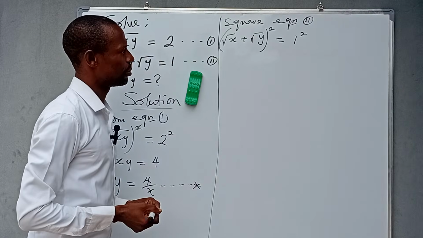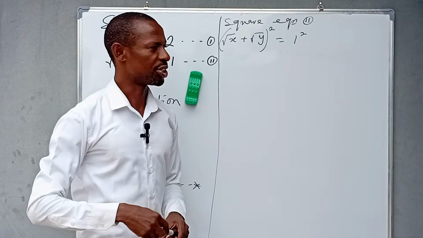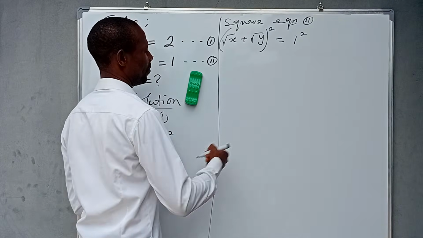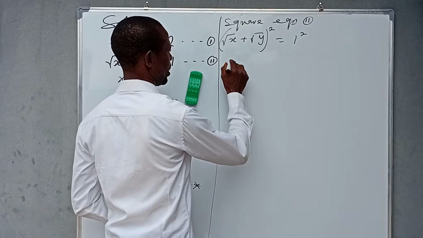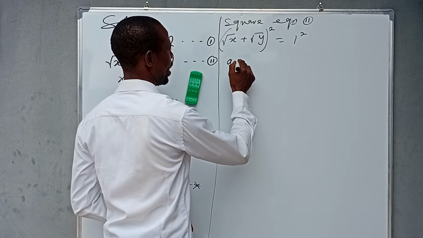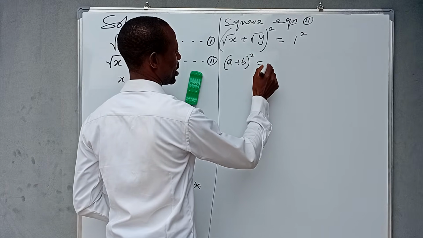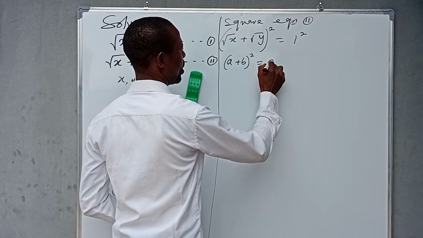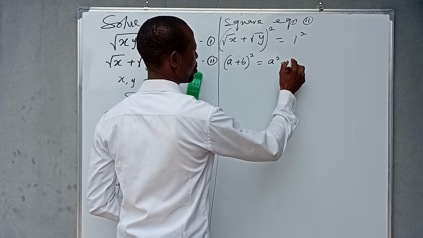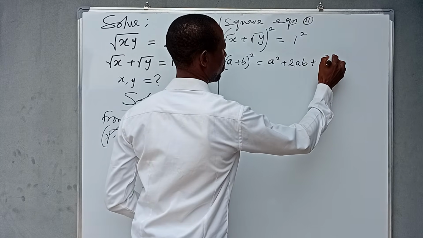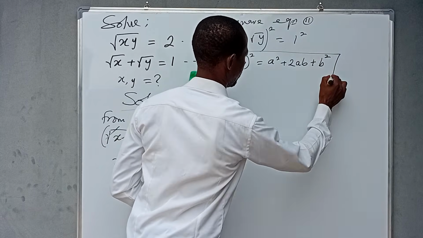Now, in this regard, we're going to make use of a simple algebraic identity, which says that if you have a plus b, all raised to the power of 2, this is equivalent to a to the power of 2, plus 2ab, plus b to the power of 2. We are familiar with this, okay?